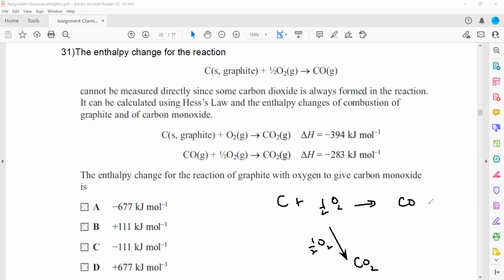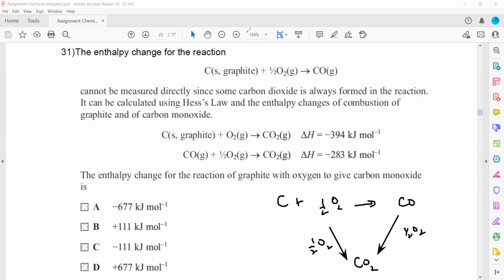Or carbon monoxide can further burn with more oxygen. Because they have a common product of combustion when we burn them, it can be carbon dioxide as well.